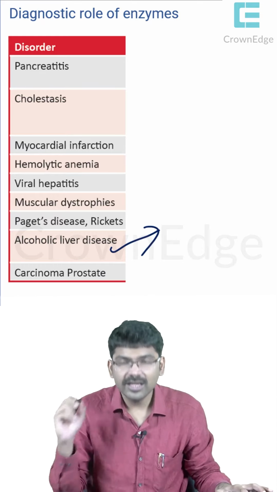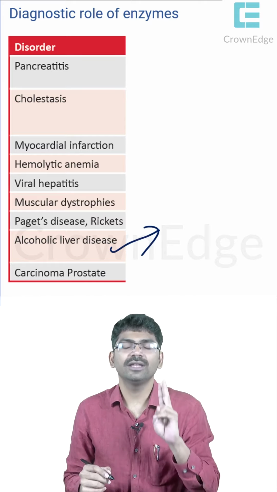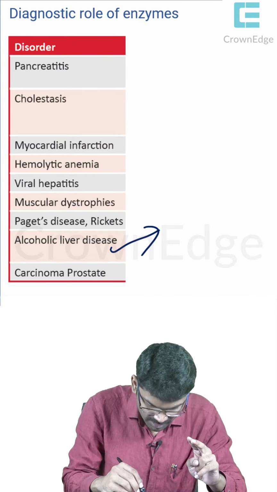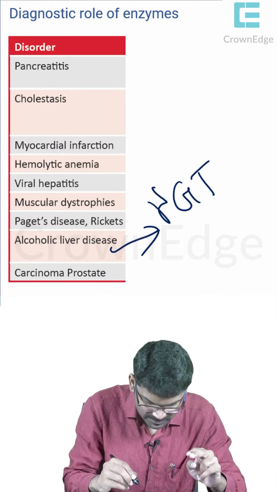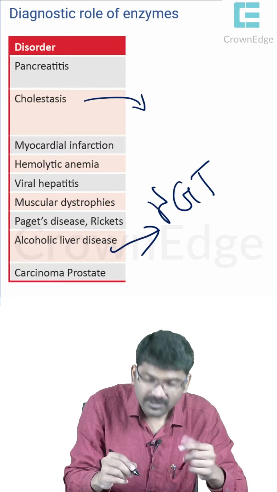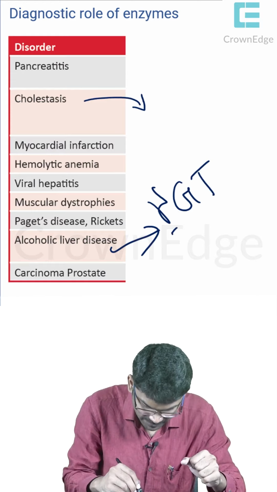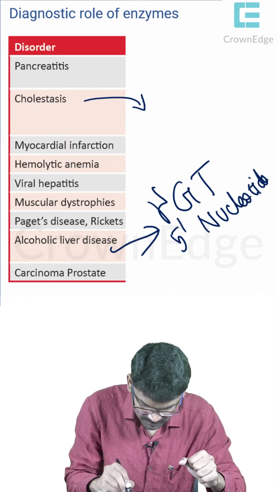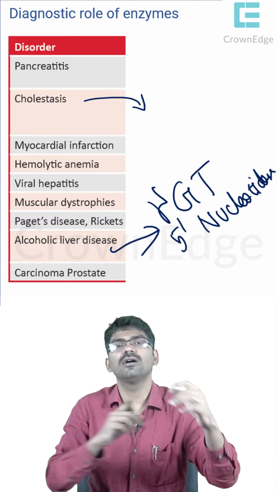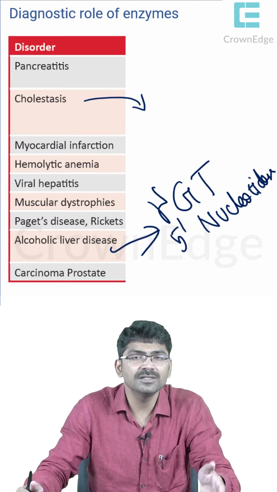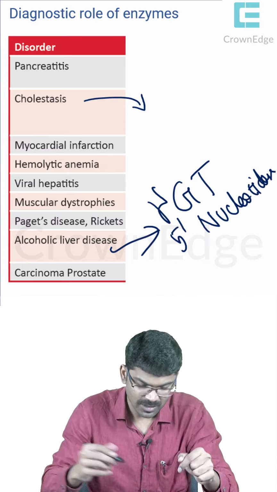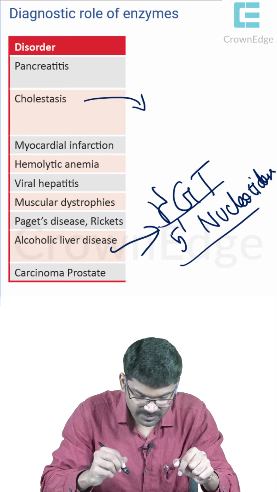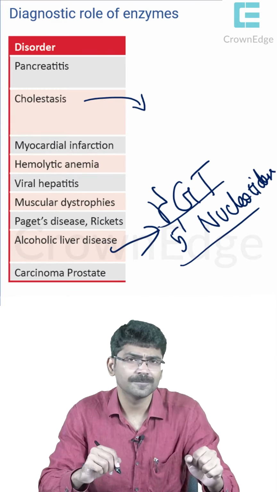In alcoholic liver disease, there are two peculiar enzymes. They are gamma glutamyl transferase, the same which we have learned in cholestasis, and 5' nucleotidase. These are somewhat specific to alcoholic liver disease. So patients with chronic alcoholism and liver disease will have elevated levels of these enzymes.